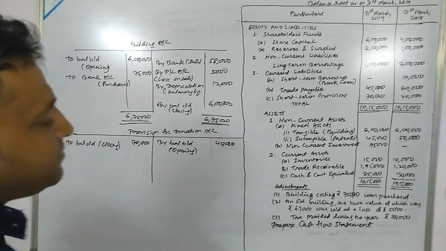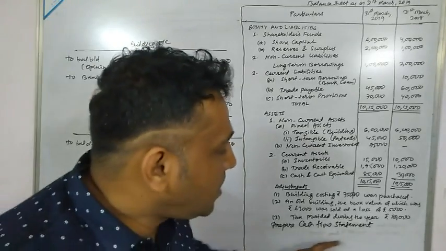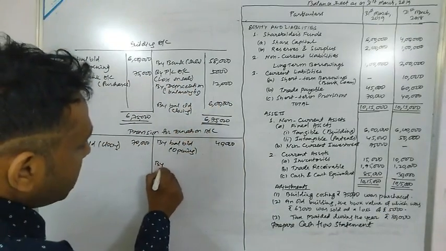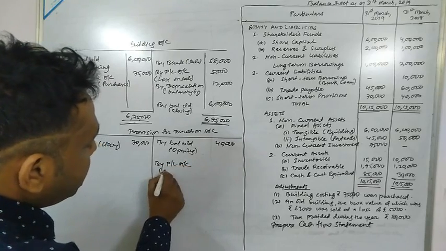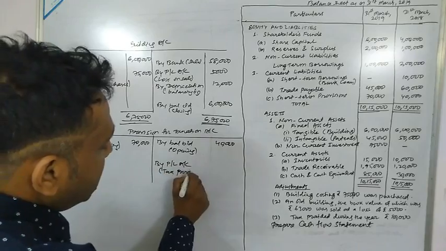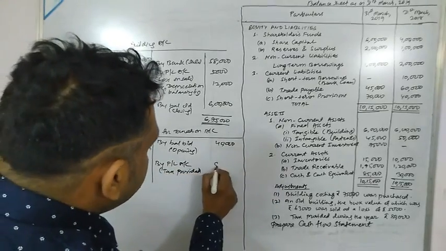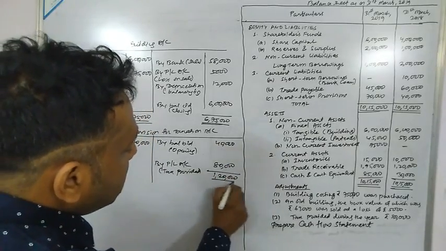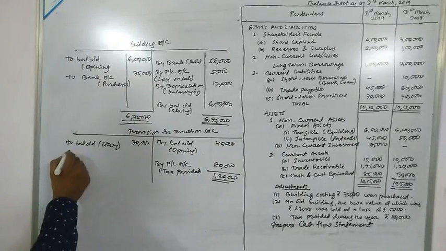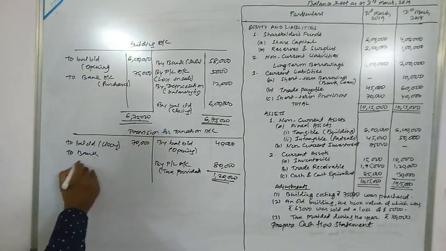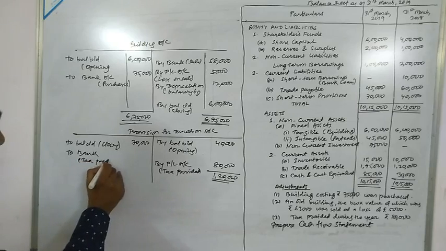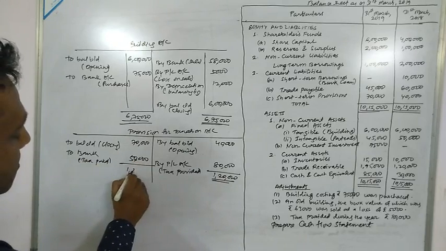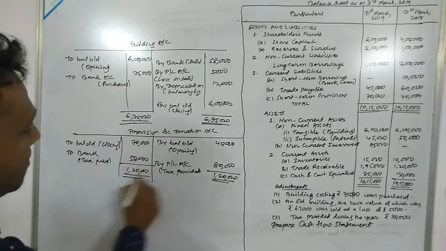Now you see, tax provided during the year has been given as 80,000. So that will be written by profit and loss account, within bracket tax provided, 80,000. The total is 1,20,000, and the difference figure that comes is the tax payment, so we write to bank, within bracket tax paid. That would be 1,20,000 minus 70,000, so it would be 50,000.